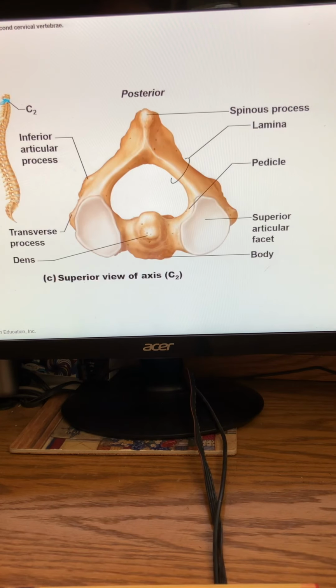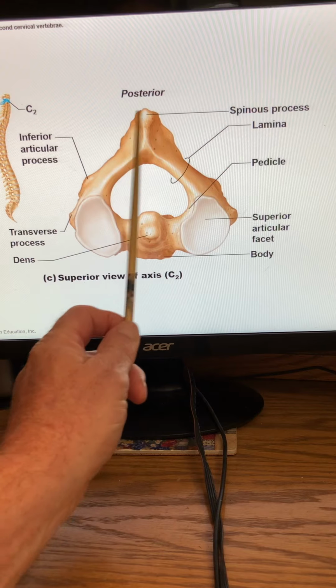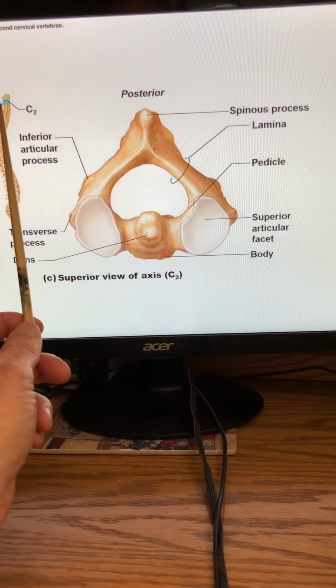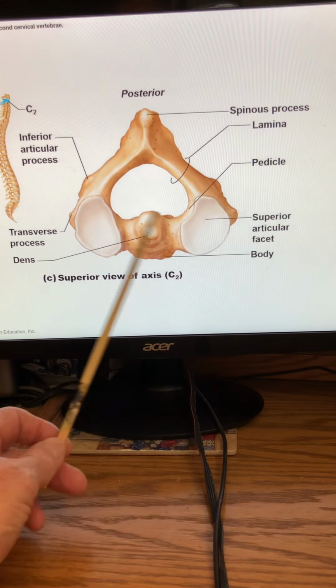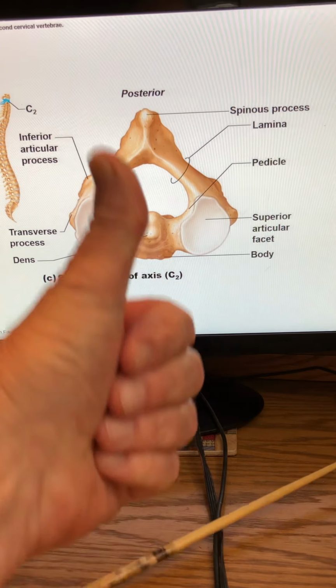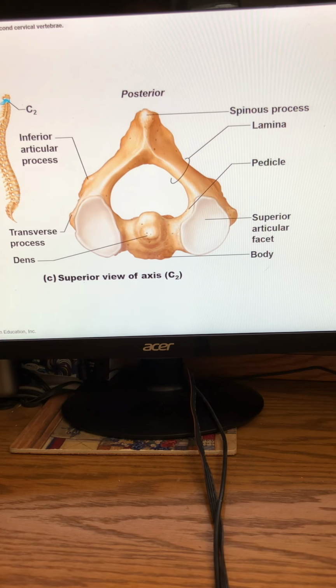When we get to axis, now you're starting to see the spinous process. Although you probably won't see it too well in this view, it is going to have a bifid spinous process. This part here that looks like a thumb sticking up, which is this picture here, is called the dens. It is also called the odontoid process.